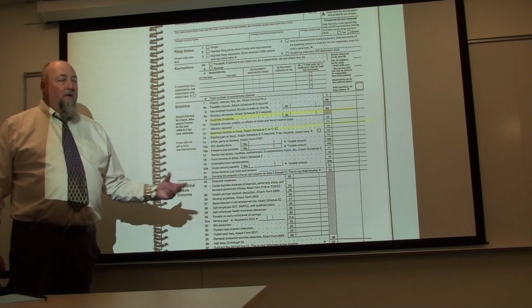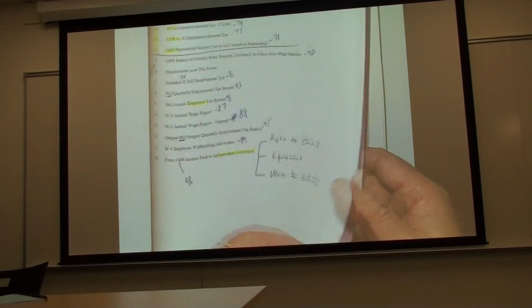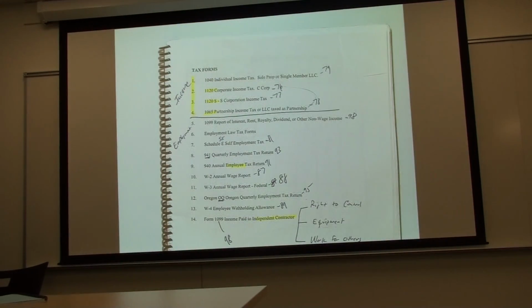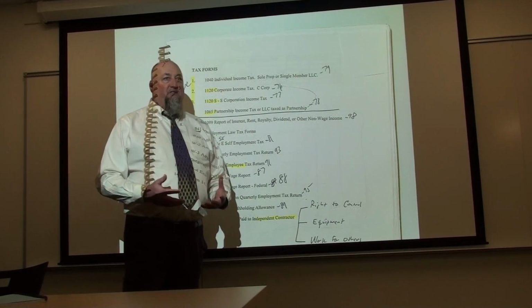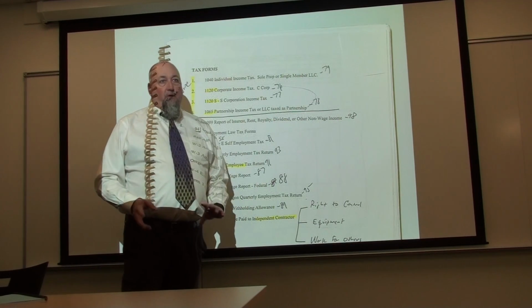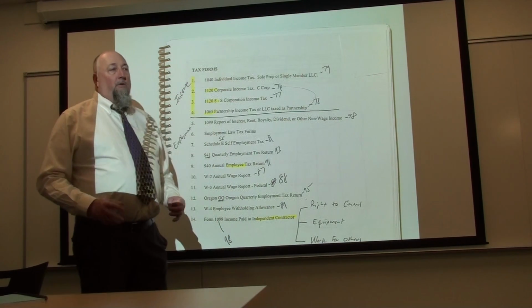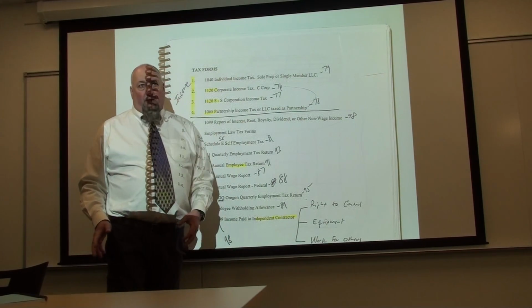So for you in this class, on page 72 again, you'll put a little fold in this page or whatever so you can access it when you take the final, because I have very specific questions on the final exam where I ask you, which tax form does a partnership file?